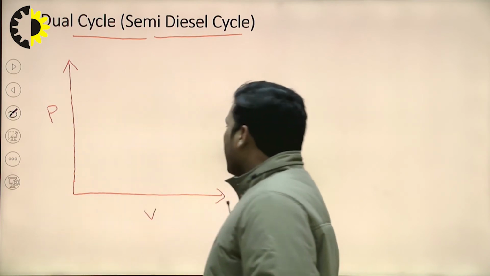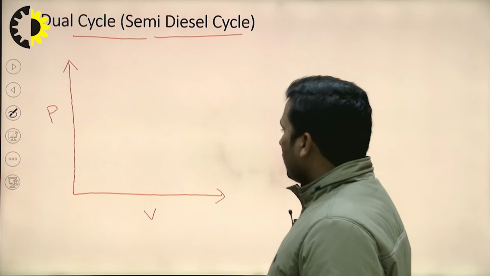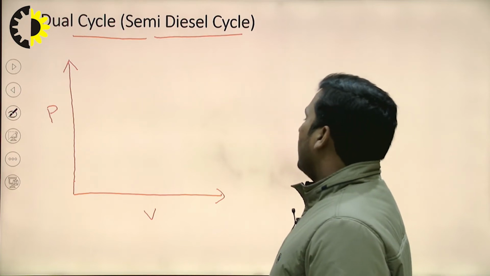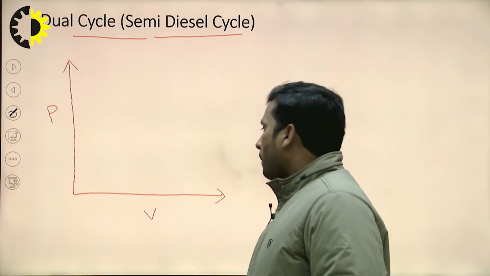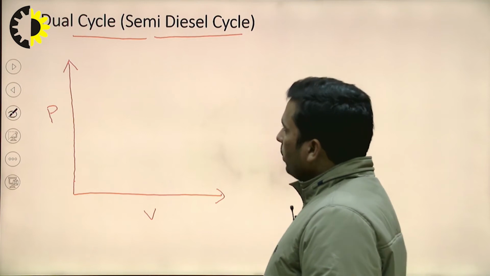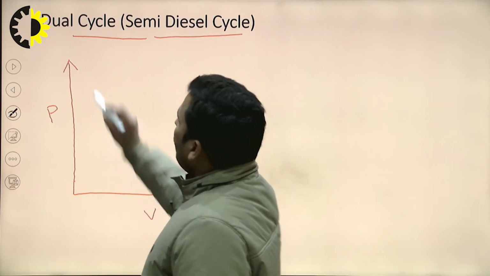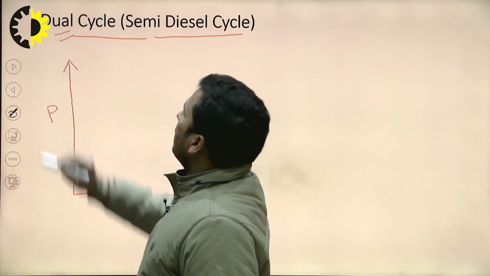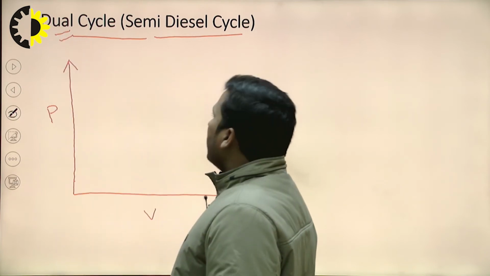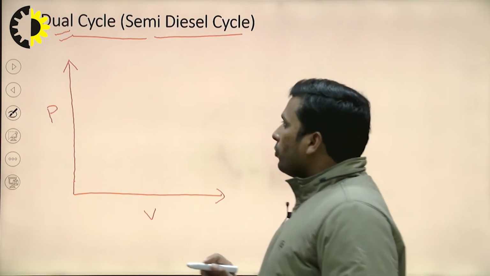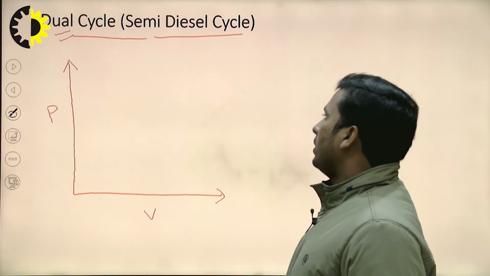And we know that in case of the Otto cycle, heat addition takes place at constant volume, and in case of the diesel cycle, heat addition takes place at constant pressure. So as its name suggests, in this dual cycle, heat addition takes place at constant volume and at constant pressure.